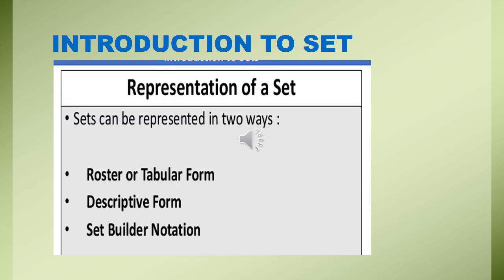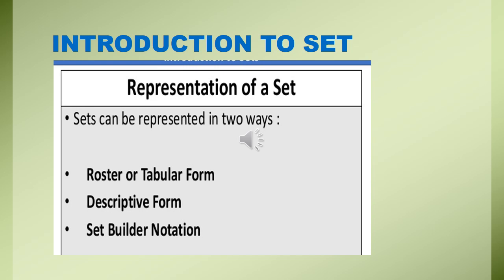My dear young mathematicians, now it tells you how you have to represent a set. One way to represent a set is the listing or tabular form. This means we can list, as your mother lists. Suppose she wants to buy something from the market, she makes a list. Clear? So we can write a set in tabular form or listed form.